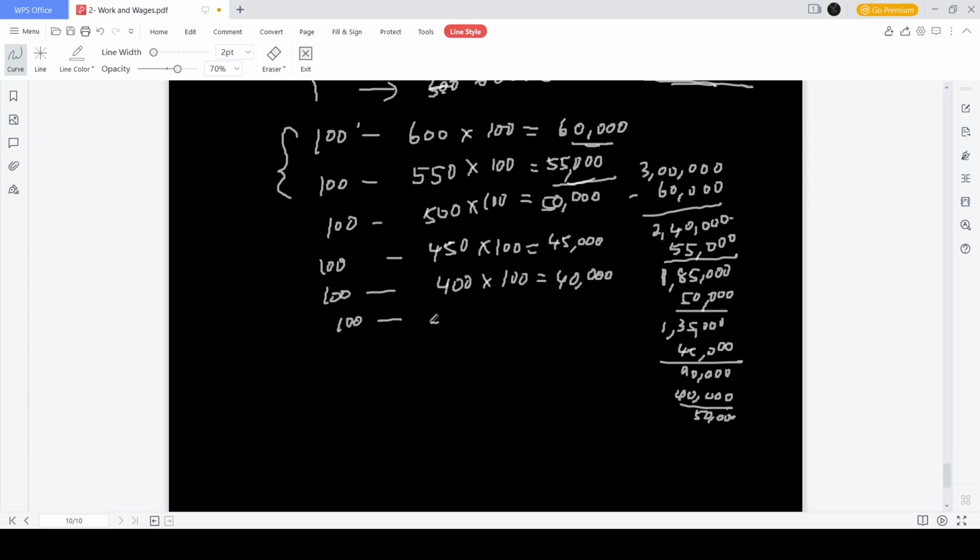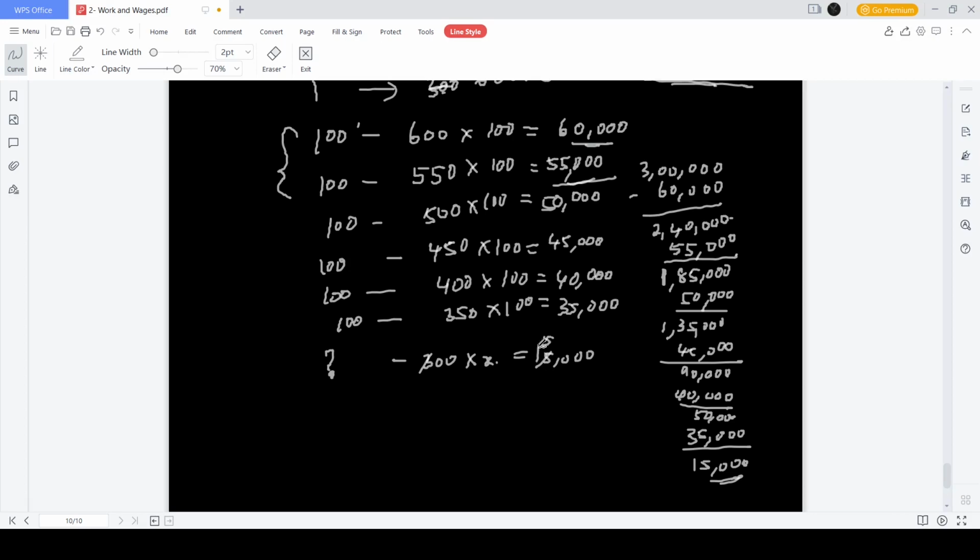Okay, in the next 100 days, 350 people work into 100, which is 35,000. Now we require only 15,000 units of work more. Okay, so in how many days will 15,000 units of work be done by 300 people? So 300 into x days is equal to 15,000.